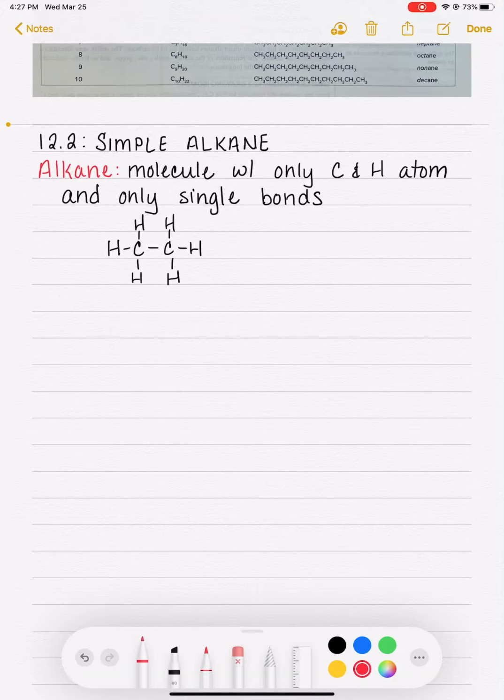Sometimes alkanes are arranged, instead of in a straight line, in a ring or a circle, and we call those cycloalkanes.